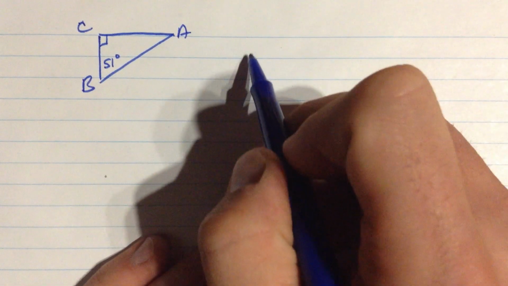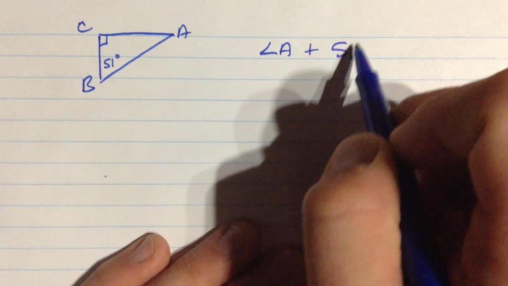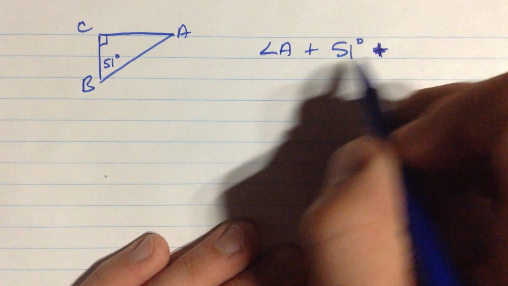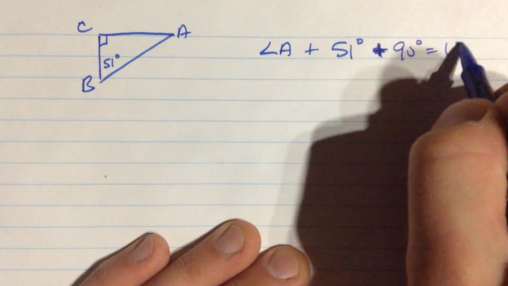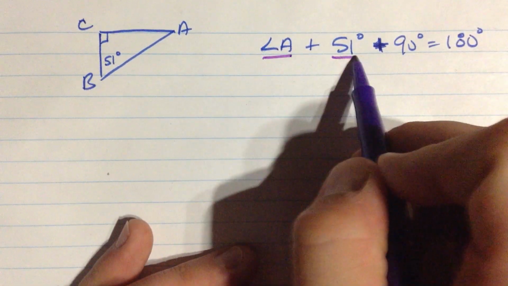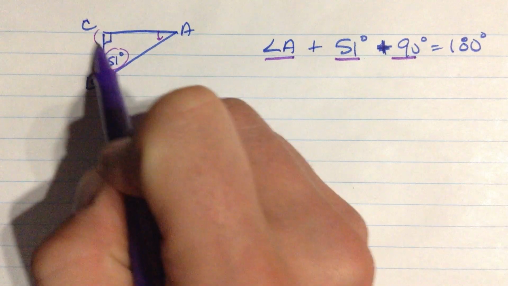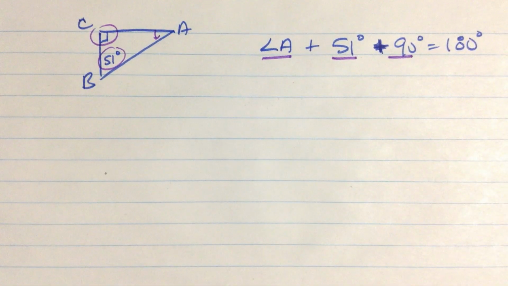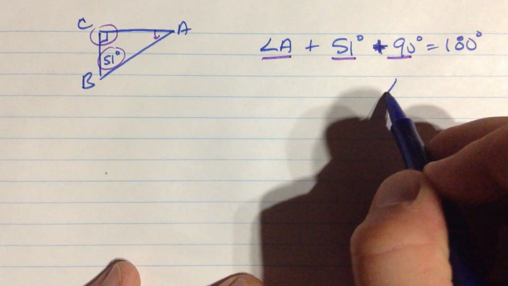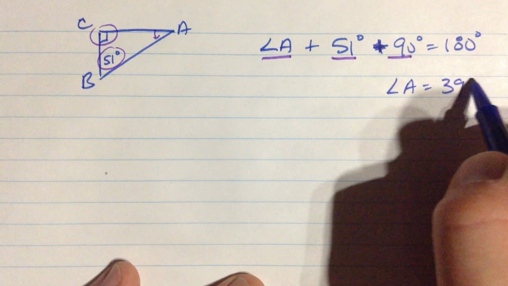So find A. So angle A plus 51 degrees plus 90 degrees is equal to 180 degrees. So there are the three angles. 1, 2, and this one is the 90-degree angle. We use a little square to show that. And so when you simplify that, you get that A must be equal to 39 degrees.